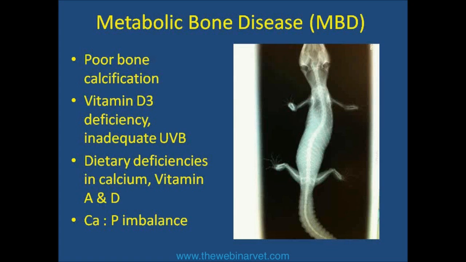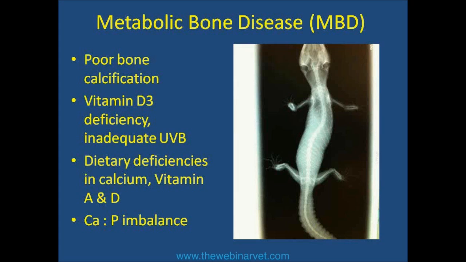And also if you look on this leopard gecko's tail, you should be able to see transverse processes on each of the caudal vertebrae, and those tend to disappear in the stages of metabolic bone disease where you're seeing radiographic changes. So there are two things which are quite diagnostic for metabolic bone disease on an X-ray that you take. Look at the density of the digits, look for the transverse processes on the caudal vertebrae if it is a lizard, and if they're washed out or radiolucent, that's a good indicator that the animal is resorbing calcium.